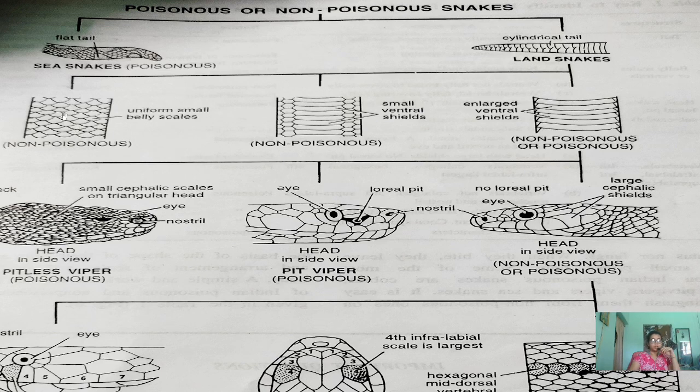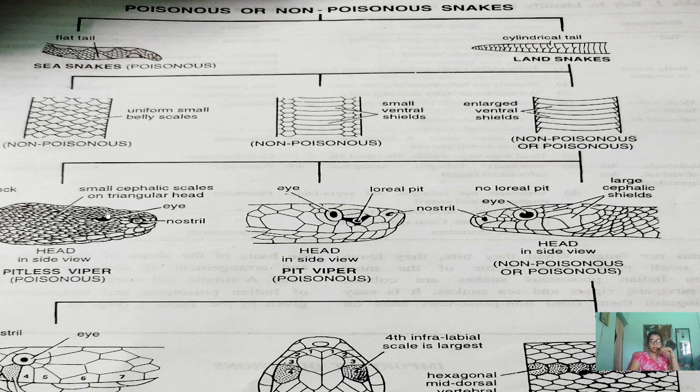So for the non-poisonous snakes, you can see these are the scales. The scales will be uniform and small in size. If the scales are present in this pattern, you can see these are non-poisonous snakes. Apart from that, for the poisonous snake, you can see the head region, their head scale presentation, how they look.